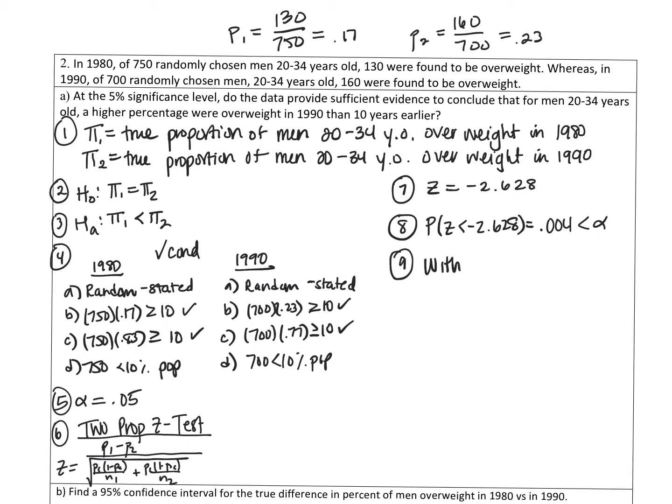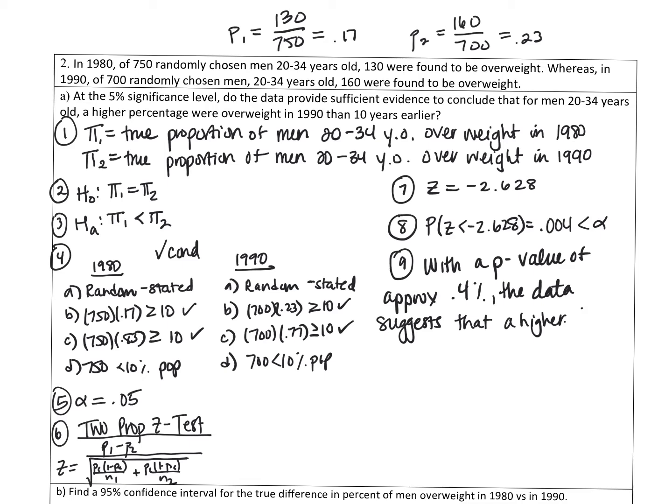Step 9. With a p-value of approximately 0.4%, the data suggests that a higher percentage of men 20 to 34 years old were overweight in 1990 than 10 years earlier.